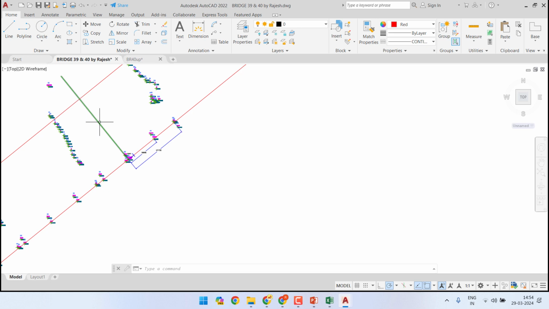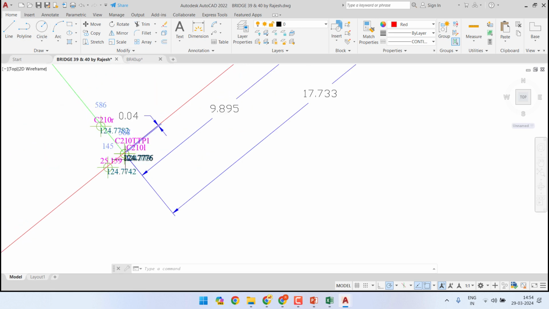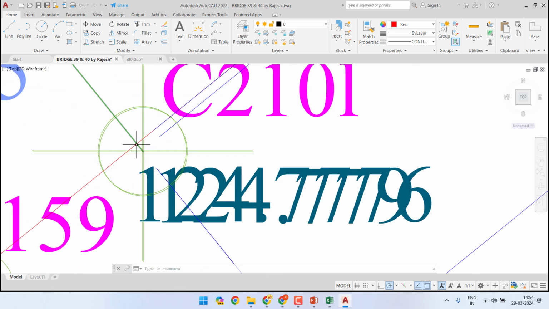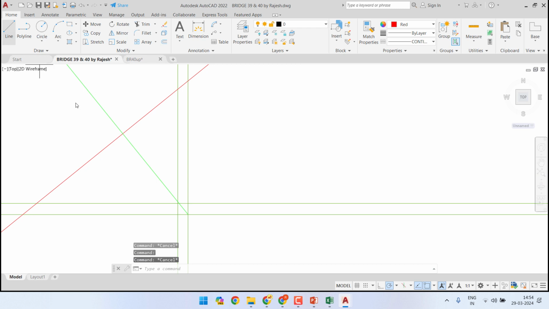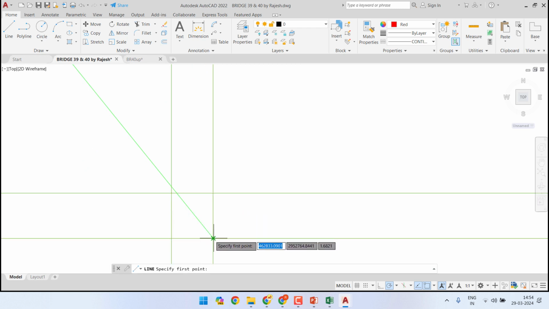We have to measure the total distance actually. So we have to measure the total distance from here. We need a point, this one. This is our ideal point actually. So let us draw a line first.